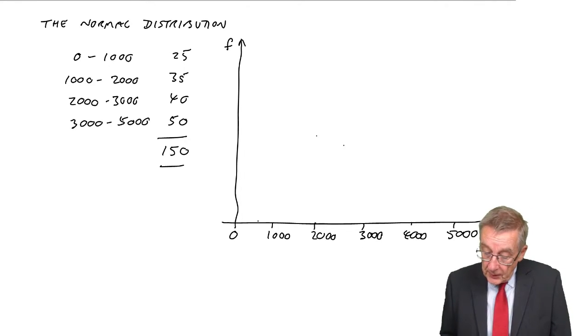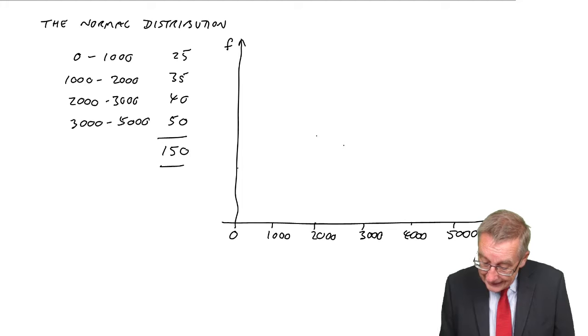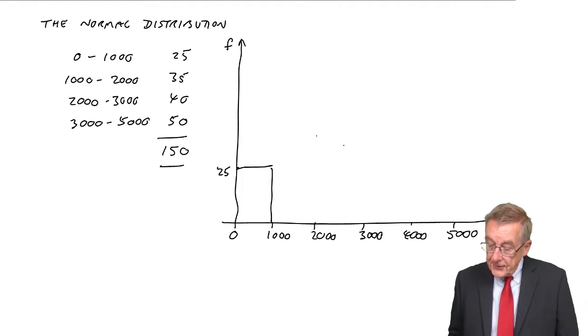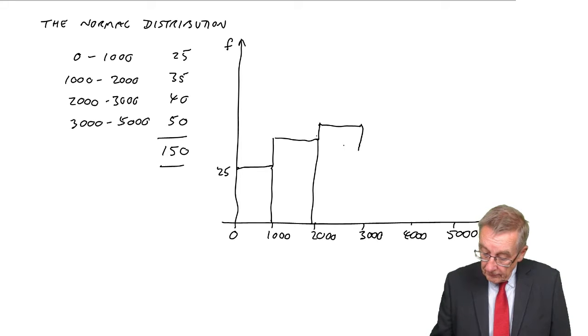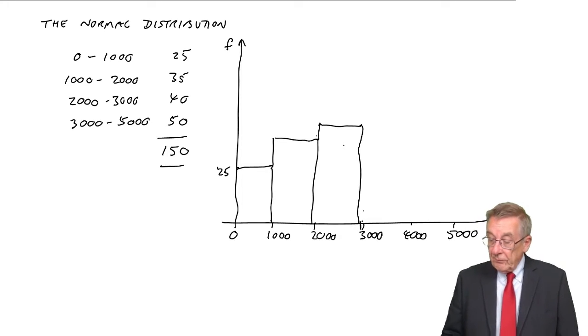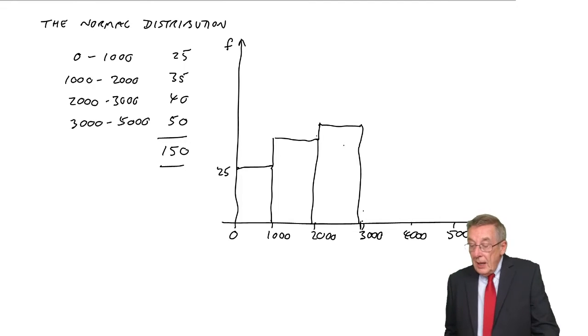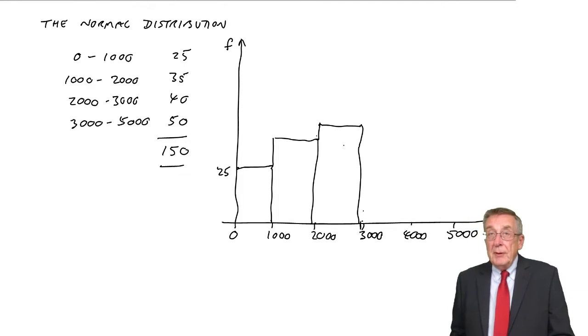So 0 to 1,000 there were 25, so let's suppose that's 25 units. 1,000 to 2,000 there were 35. 2,000 to 3,000 there were 40. 3,000 to 5,000 there were 50.